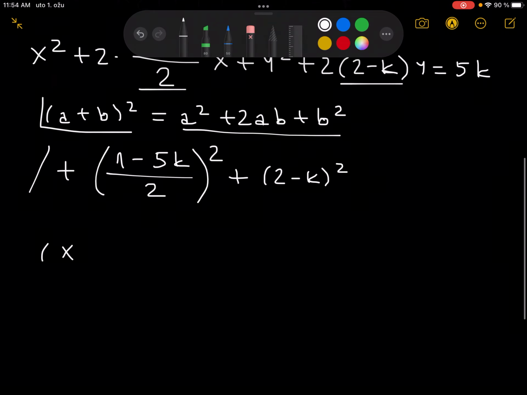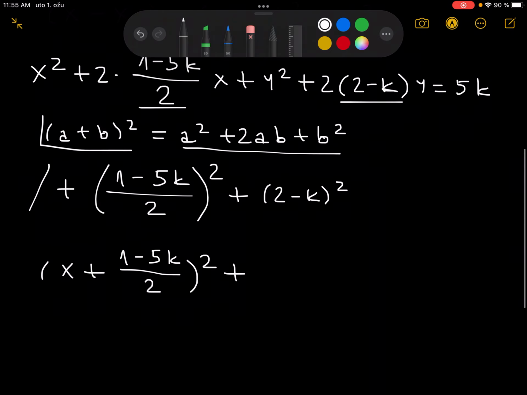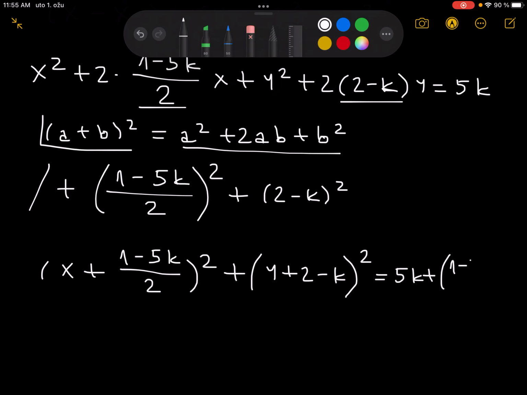So on the left hand side that's going to be x plus (1 minus 5k) over 2 quantity squared, and for the second part I'll have y plus (2 minus k) quantity squared is equal to 5k plus (1 minus 5k over 2) squared plus (2 minus k) squared.